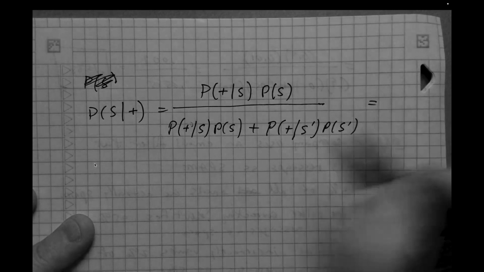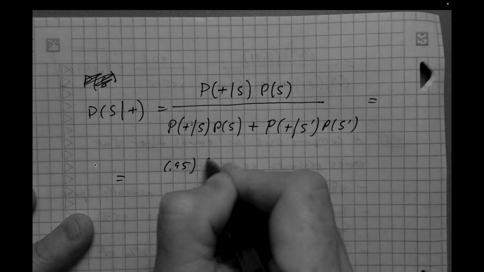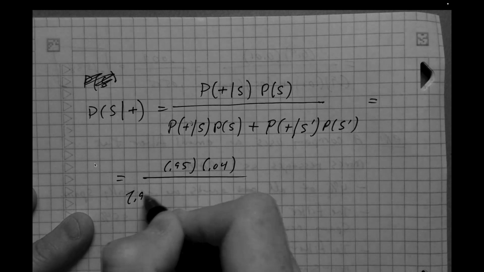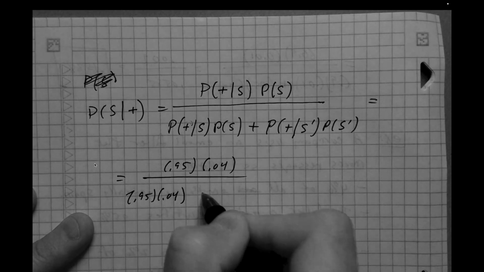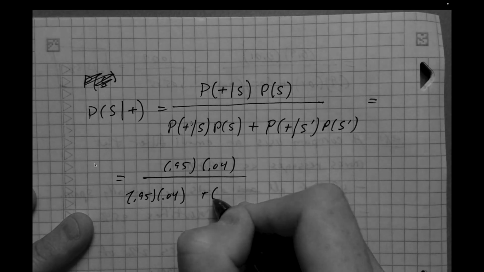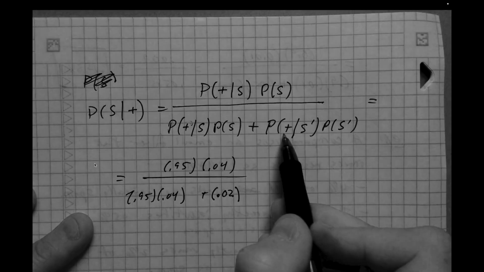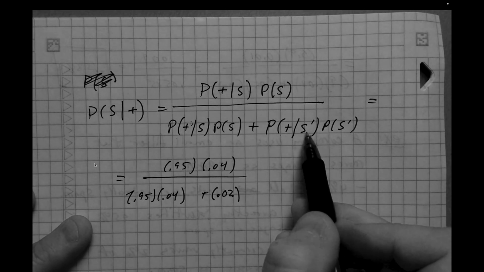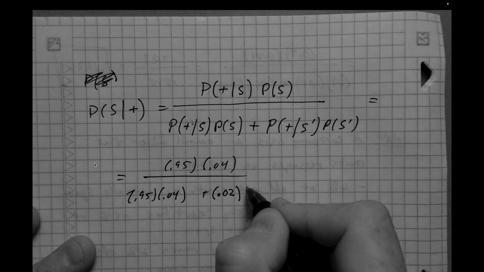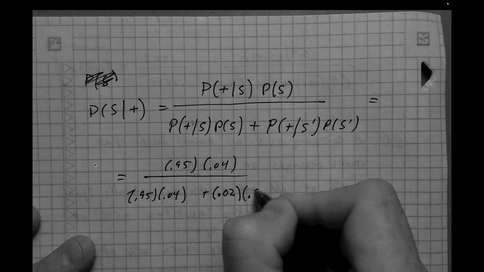All of these numbers are actually told to us. So this would be 0.95 times 0.04, and then 0.95 times 0.04 again, so these two are the same. And this last term is 0.02, the probability of a positive mark given that it's not spam, that's the false positive, 2% of the time, times the probability of S complement, which is 0.96.